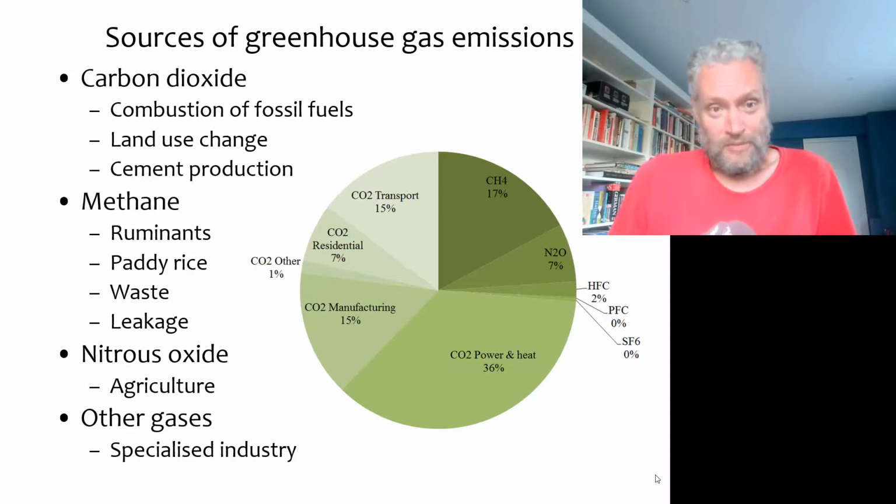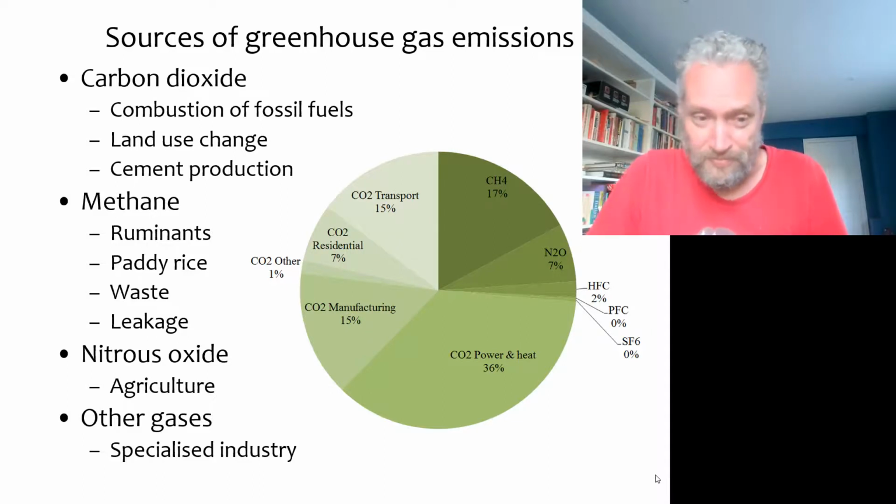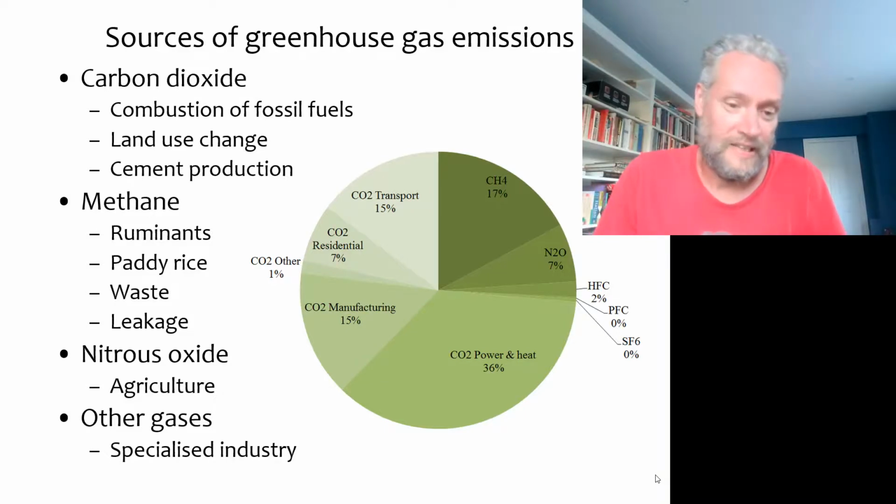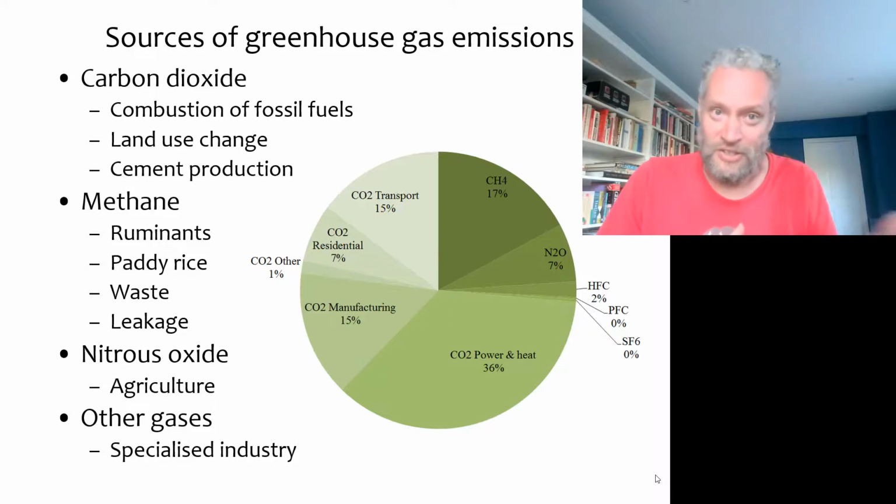The third most important anthropogenic greenhouse gas is nitrous oxide, N2O, and this essentially comes from the over-application of fertilizers in agriculture. And the reason that farmers use more fertilizers than they need strictly is because fertilizers are cheap.